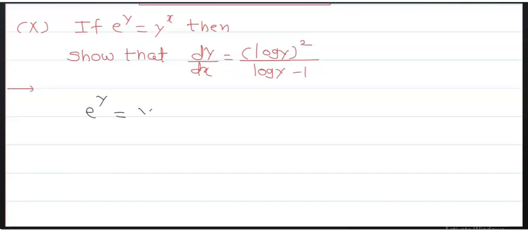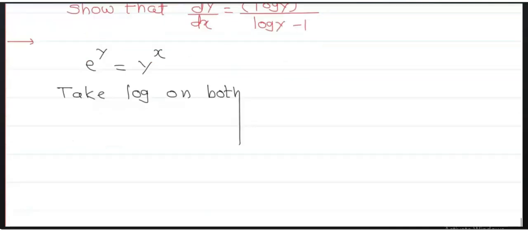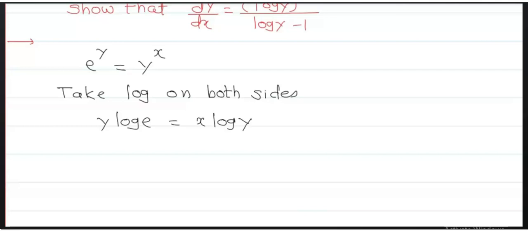Now first of all take log on both sides. E raised to y is equal to y raised to x. Y log e is equal to x into log of y.